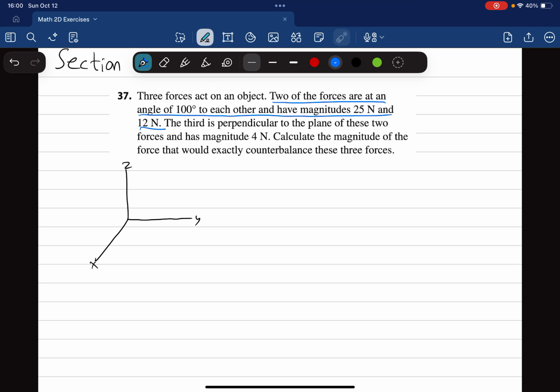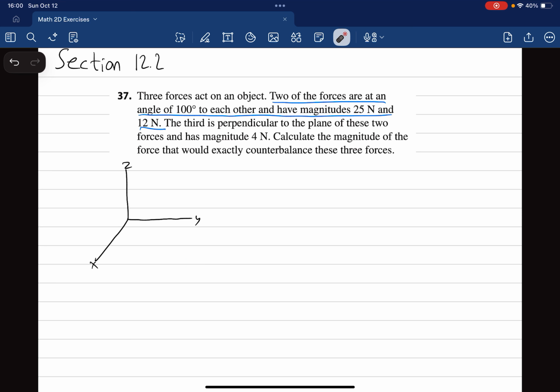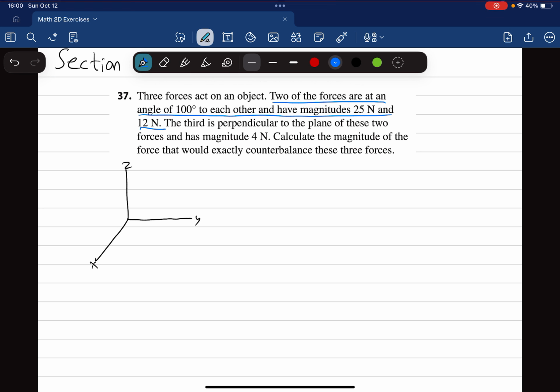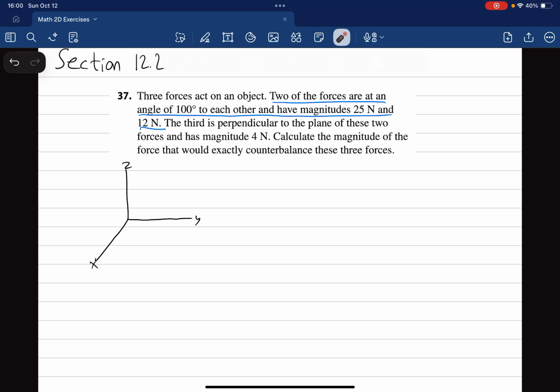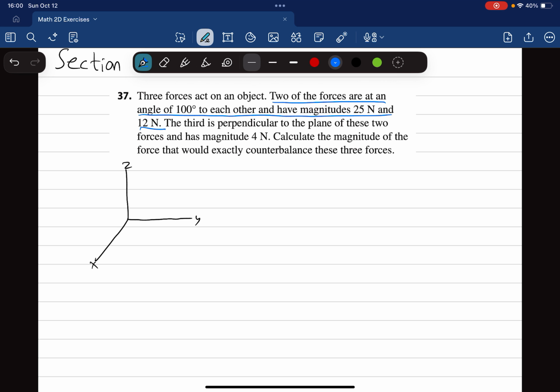And because we've already drawn this coordinate system, it's really convenient for us to just make one of those vectors point in the direction of the positive x-axis. You'll see why in just a bit. It doesn't matter which of the two vectors we choose to have this property. Here, I'm going to let the 12 newton vector point in the positive x-axis.